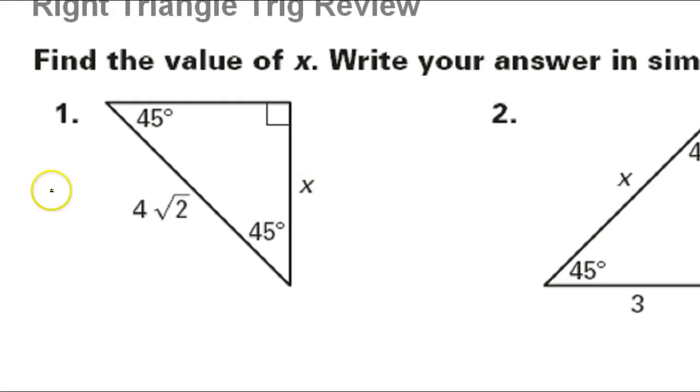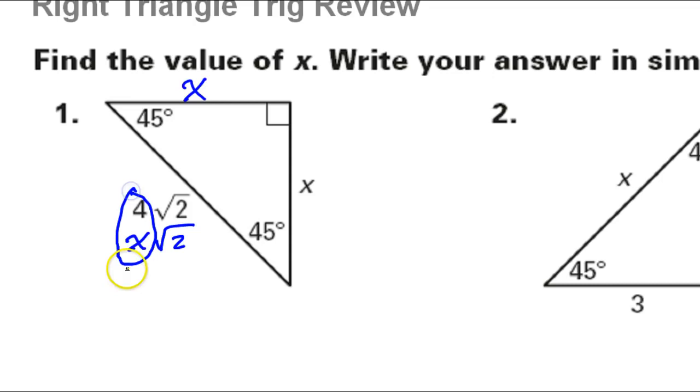Now look at problem number 1. We are not given the legs. We are told that the length of this leg is x. So whatever that is, we know that the other leg is also going to be x. But we also know that then the hypotenuse will be x radical 2. Well, comparing these to each other, guess what?